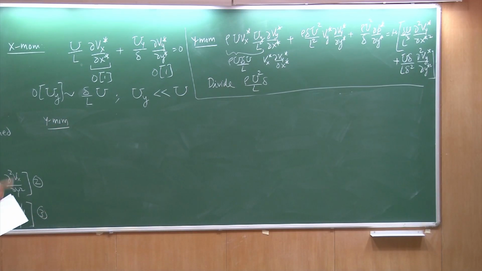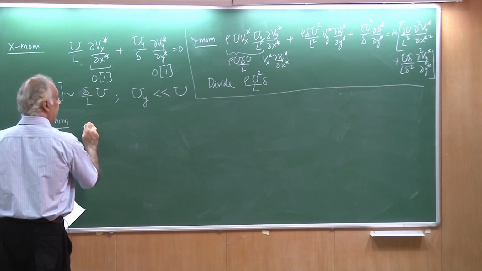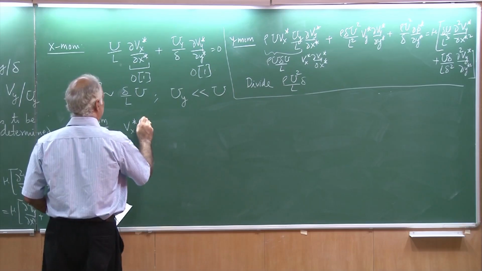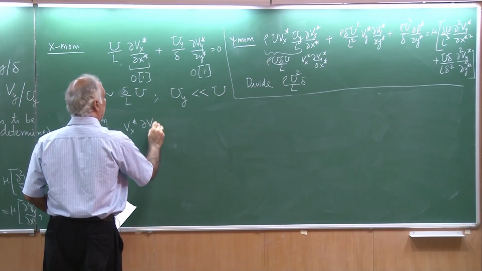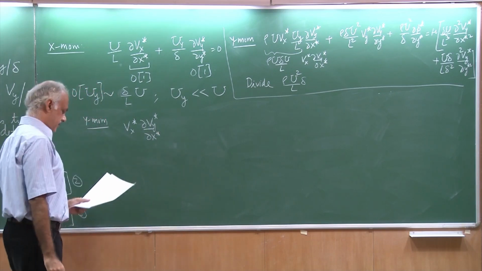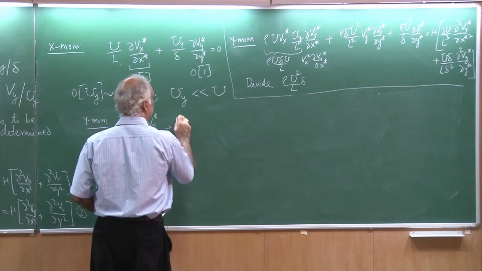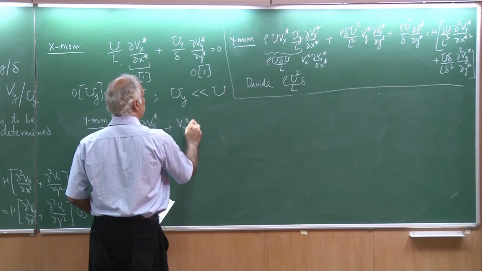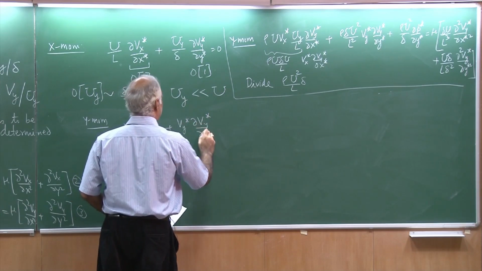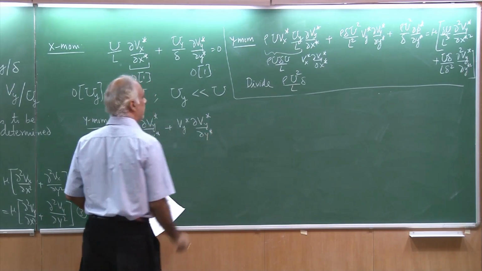All I have done is taken the equation up there and divided everywhere by rho u square delta by L, and I would get the following: Vx star del Vy star by del x star plus Vy star del Vy star by del y star.